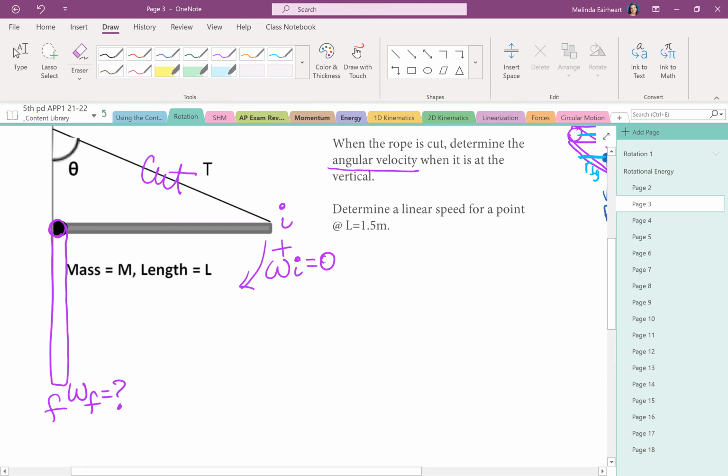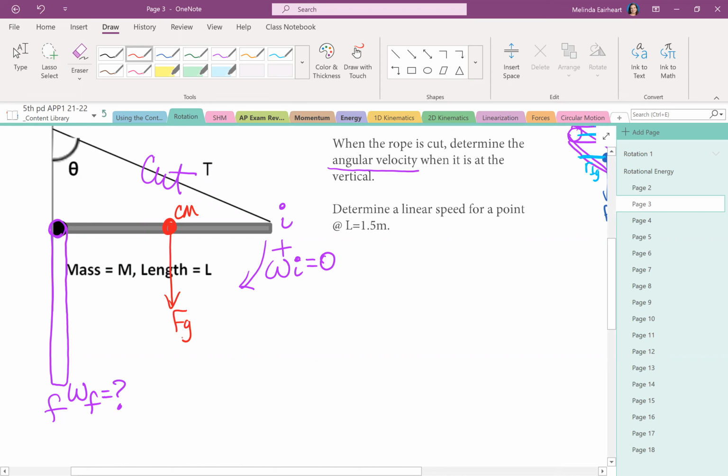Well, where does this angular speed come from? Think energy. Do you see a height change? Now be careful. What point are we looking at? What's the only real consistent point, if it's the rod alone, that we can look at? The center of mass. Come in here, the center of mass, gravitational force, right?